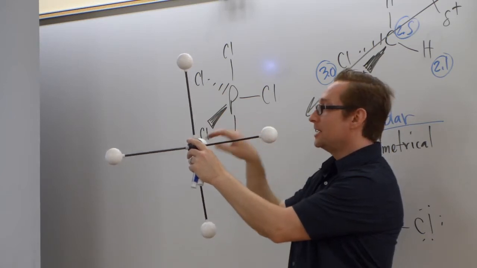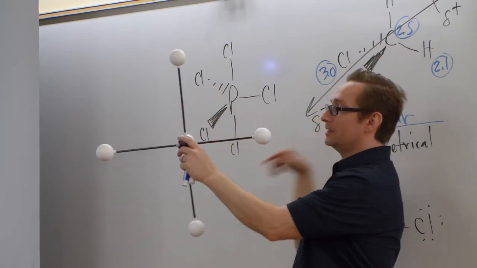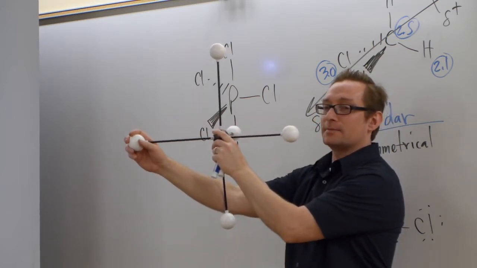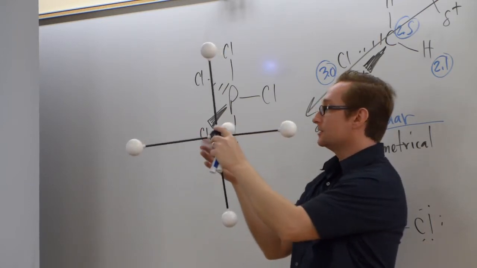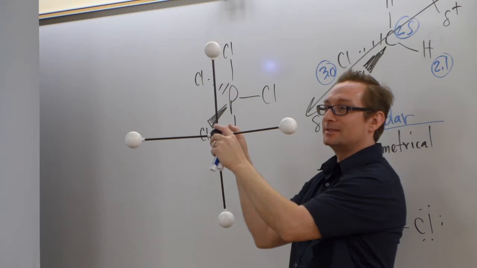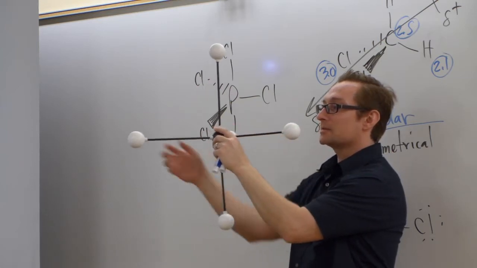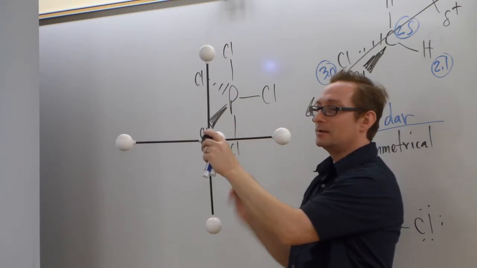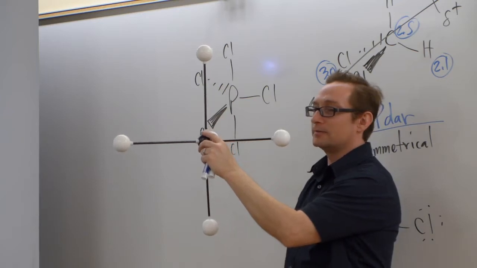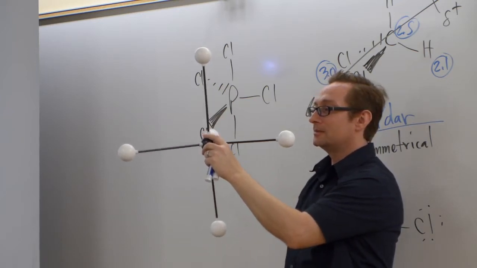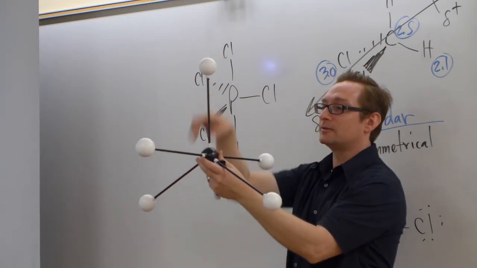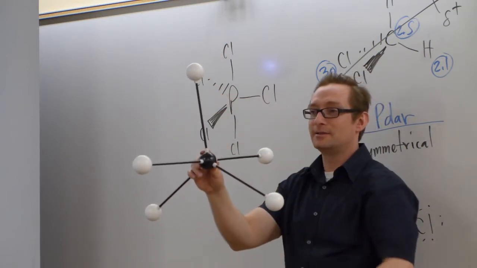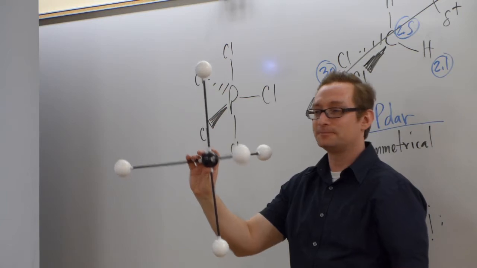You can't say it points this way because this atom is fighting that direction. All these atoms have a say in the direction of where the electrons go. It's an even 120-degree angle among all these spots, so it's highly symmetrical.